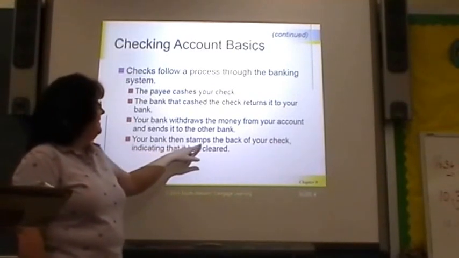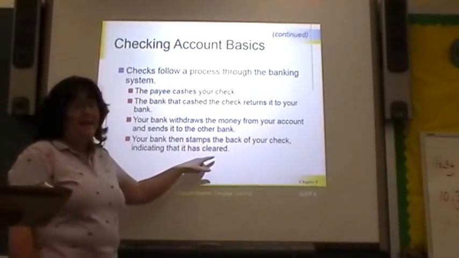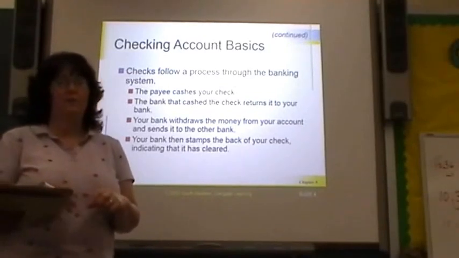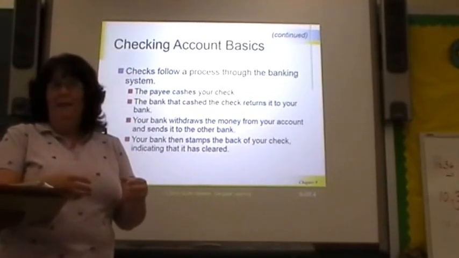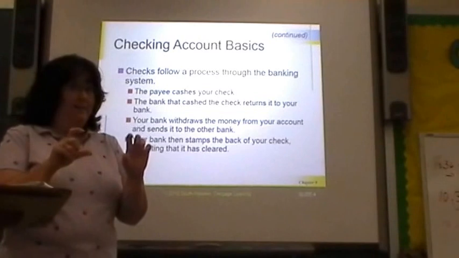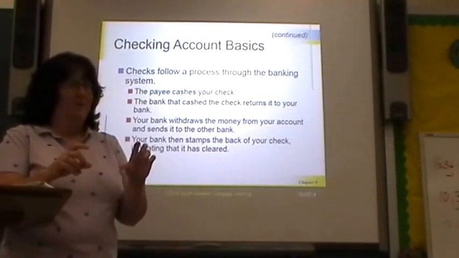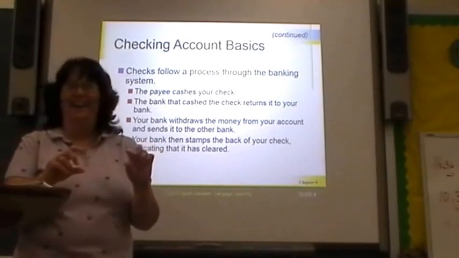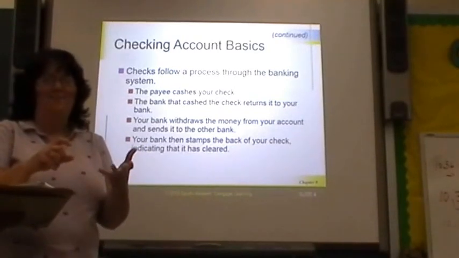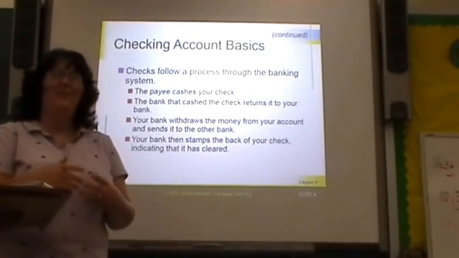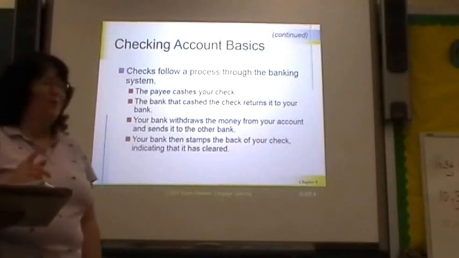Then your bank stamps the back of your check indicating that it has been cleared. So way back in the day, we used to get our original checks back in the mail. I'm talking 5 years ago. And on the back, you could see that it had been endorsed. You get something a little bit different nowadays, and we're going to get to that.